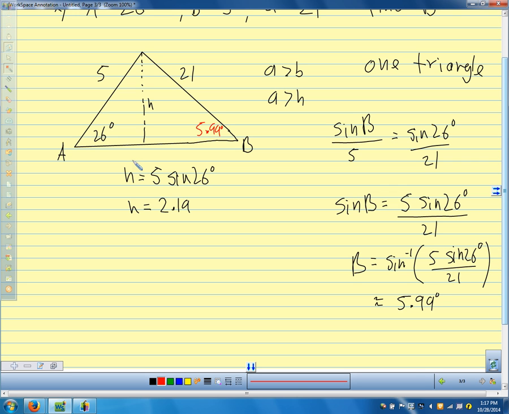Yes? If A equals H, then we have a right triangle. If A is bigger than B and A is greater than H, there's only one possible triangle.